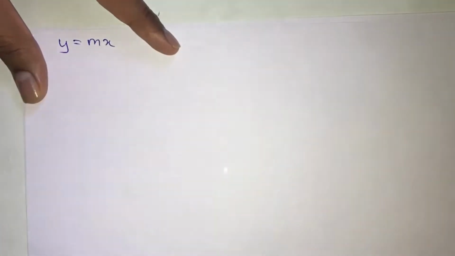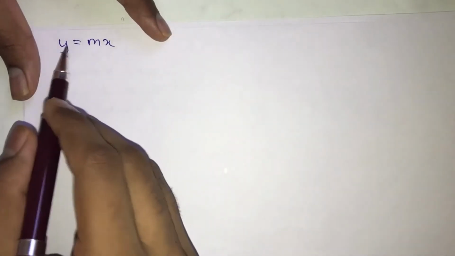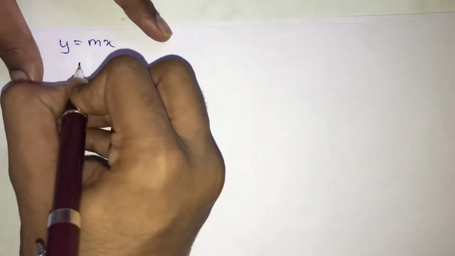First of all, you must have heard of the equation y = mx. This is nothing but an equation of a line, and as we all know, this equation stands for a line which passes through the origin.